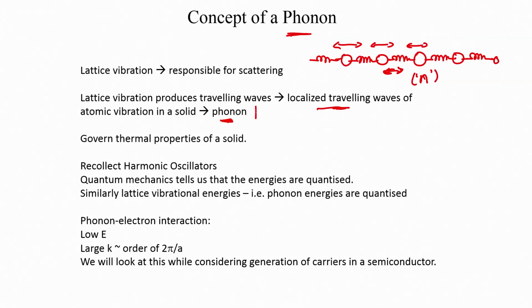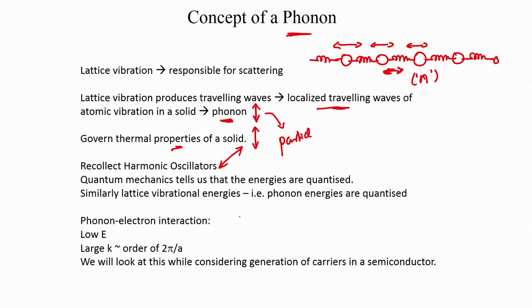Since the phonon is directly associated with the lattice vibration, it is clearly going to play an important role with regards to the thermal properties of the solid, for example, the thermal conductivity of the solid. Therefore, the phonon can be thought of as the particle equivalent of lattice vibrations. Since we are talking about vibrations, we can make a direct connection to the harmonic oscillator, which was the example we considered while looking at Schrodinger's equation.